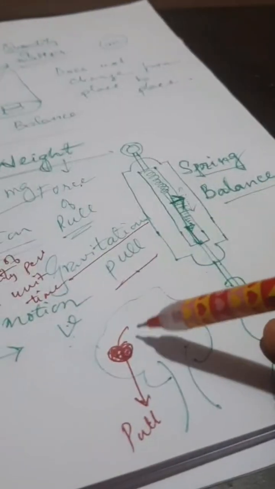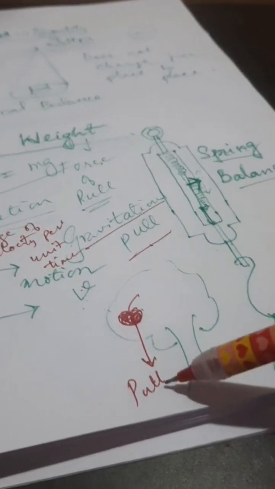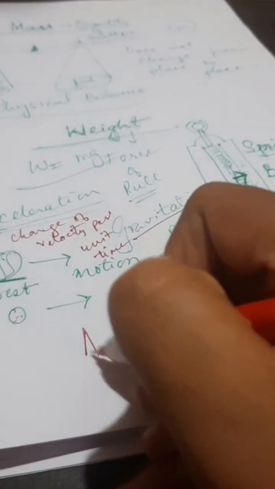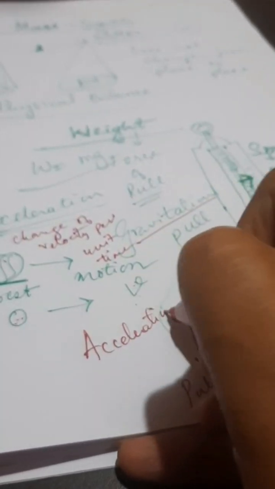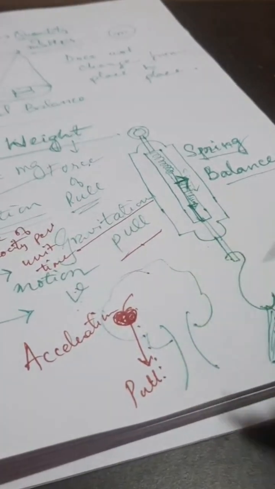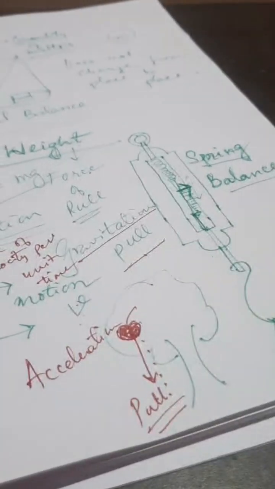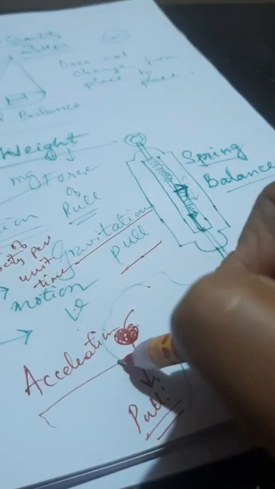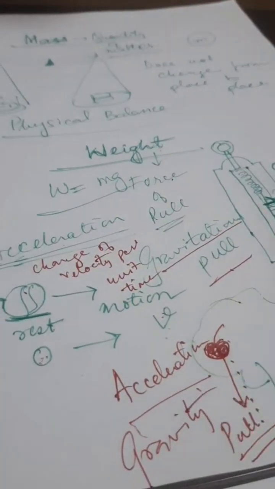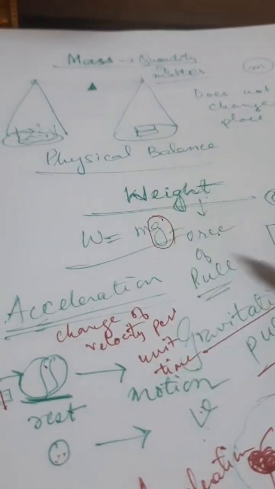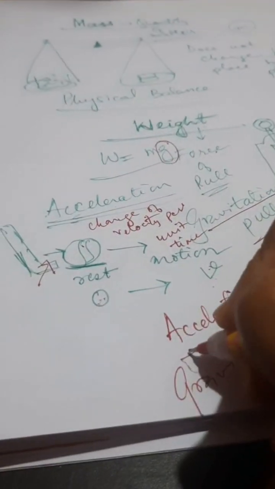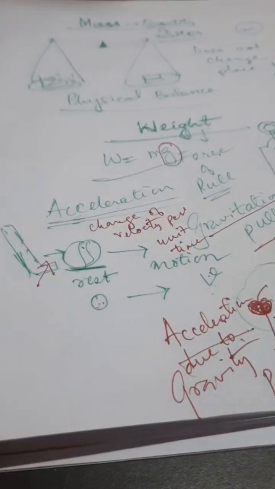So whenever here is an apple which is being pulled by gravity, the same apple is also going to have an acceleration. That means gradually its velocity will increase due to pull of gravity. Since this acceleration occurs due to gravity, that's why g is called acceleration due to gravity.